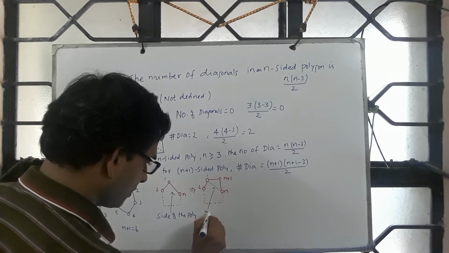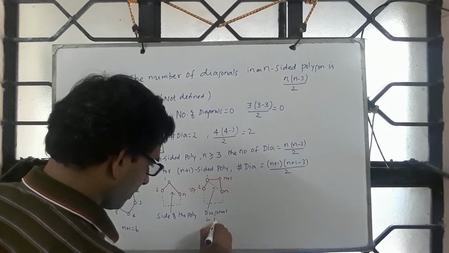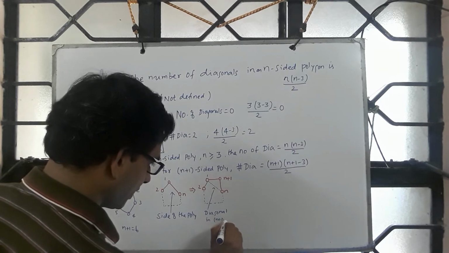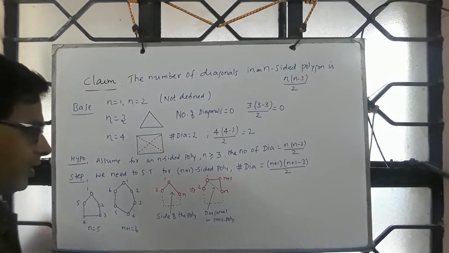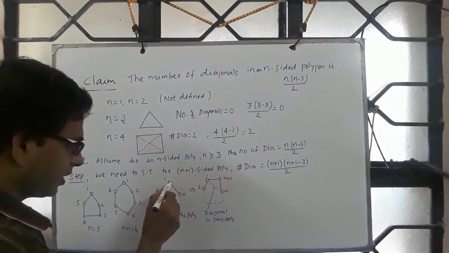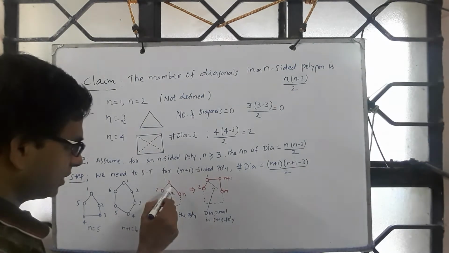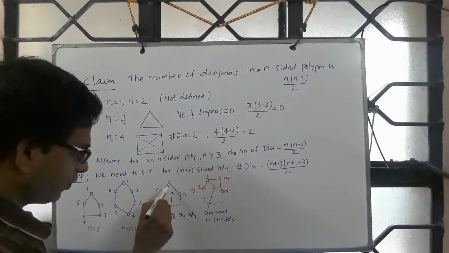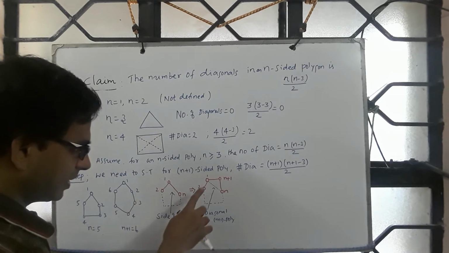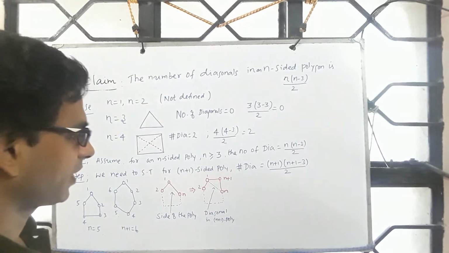It becomes a diagonal in the n plus 1 sided polygon. So you have added the n plus 1th node and made it adjacent to 1 and n. Then there was an edge connecting 1 and n. What happens? That becomes a diagonal.